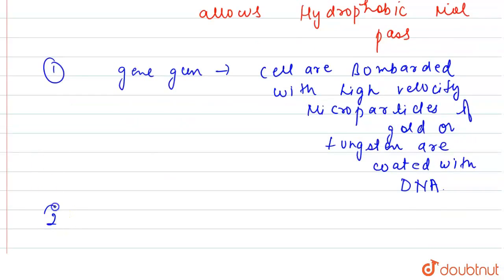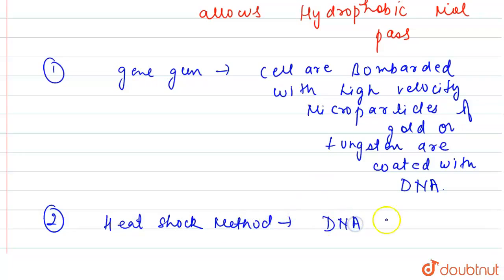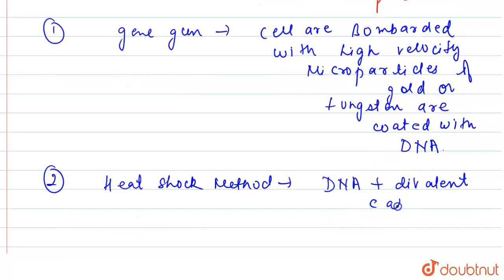The second method that can be used is the heat shock method. What is the heat shock method? In this method the DNA is treated with a specific concentration of a divalent cation, such as calcium.